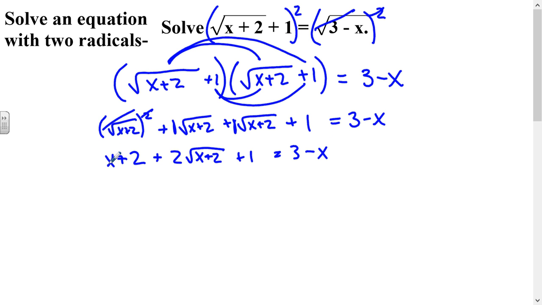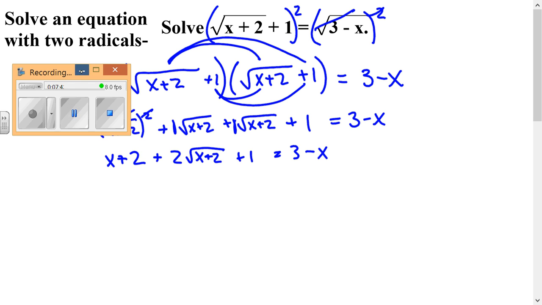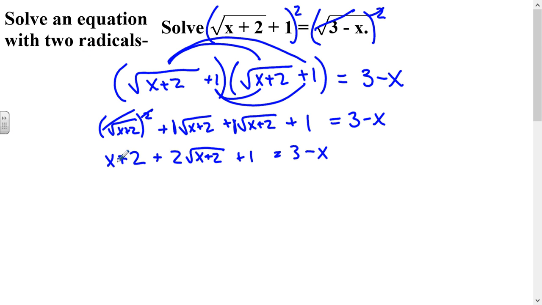So on this side, I have x plus 2 plus 2 times the square root of x plus 2 plus 1. So we're going to combine the 2 and the 1 together. So then 2 plus 1 is 3. So I get x plus 3 plus 2 times the square root of x plus 2 equals 3 minus x.